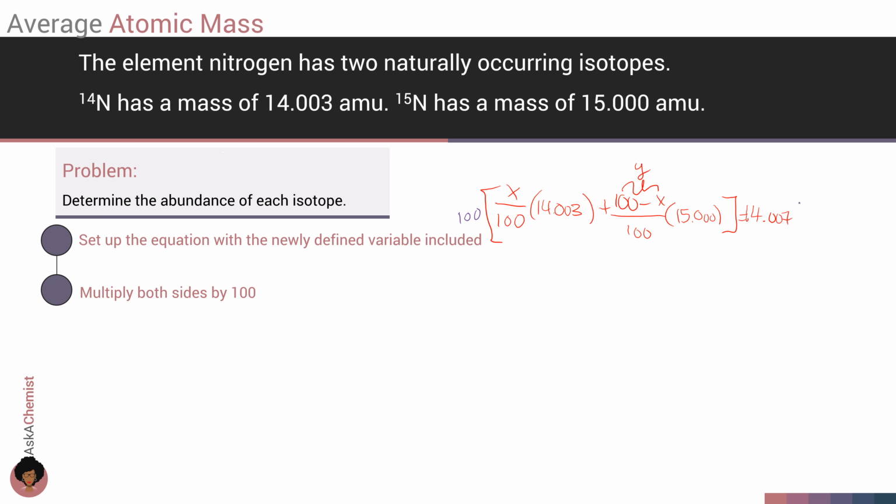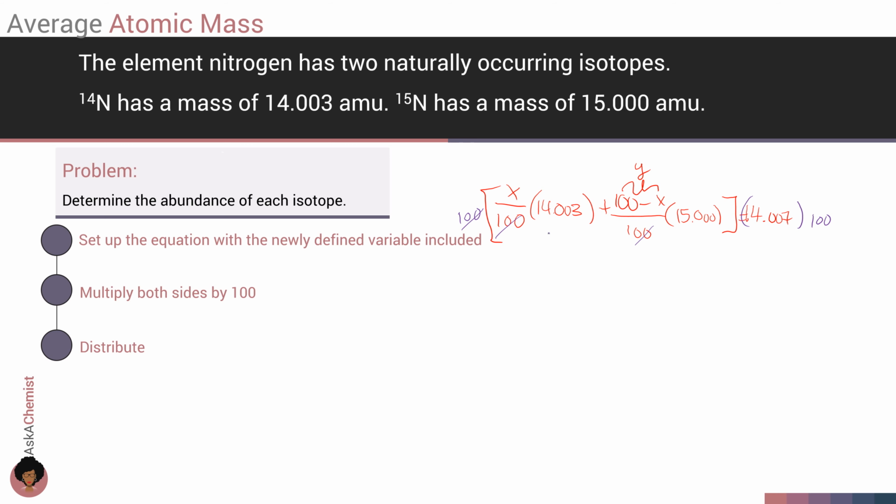Okay, so we multiply both of these sides by 100. And once we do that, we also see that we can simplify it even further. If we're multiplying both sides by 100, then that means that the 100s on the bottoms are going to essentially disappear. They're going to cancel out.